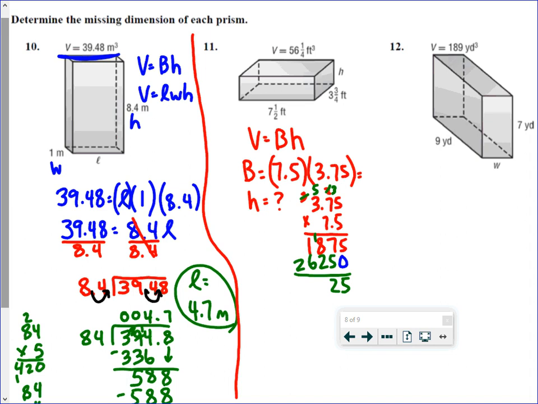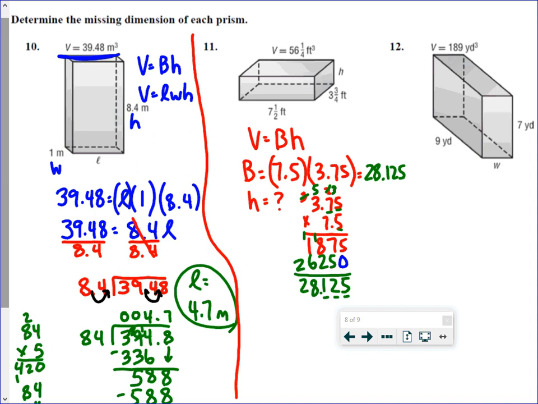Add them up. And then we have 1, 2, 3 place values. 1, 2, 3. So 28.125. So our base area is 28.125.